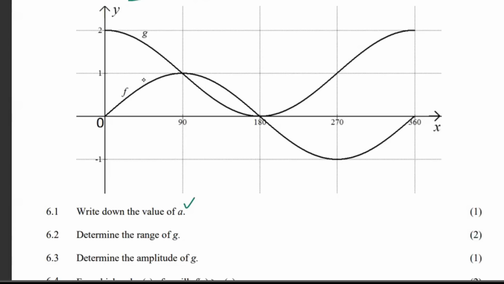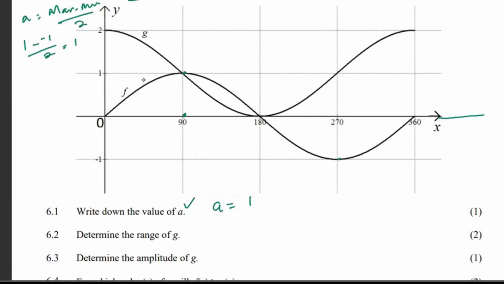So when I look at F, if this line, the x-axis is our rest position, we can see that the graph can only reach maximum of 1, can reach a minimum of -1. So which means A is a 1. What you're told is that for us to get the amplitude, you can get the maximum minus the minimum divided by 2. So our maximum is a 1 minus the minimum -1 over 2, which is a 1.